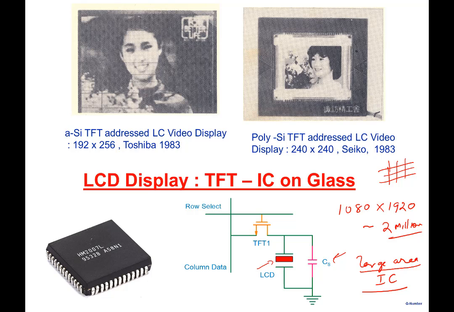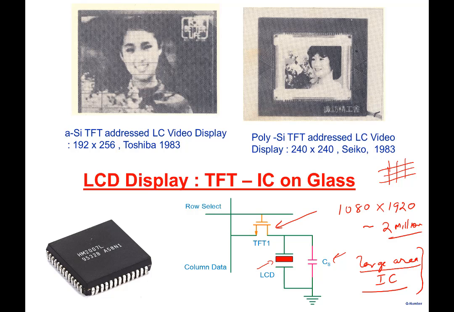So here is a very different example of an IC, a large area IC fabricated on glass. All of you are carrying an IC made in a very different way. All the displays in your cell phones are large area ICs, except that they are made on glass using TFT. So all of you are carrying TFTs in your pockets.